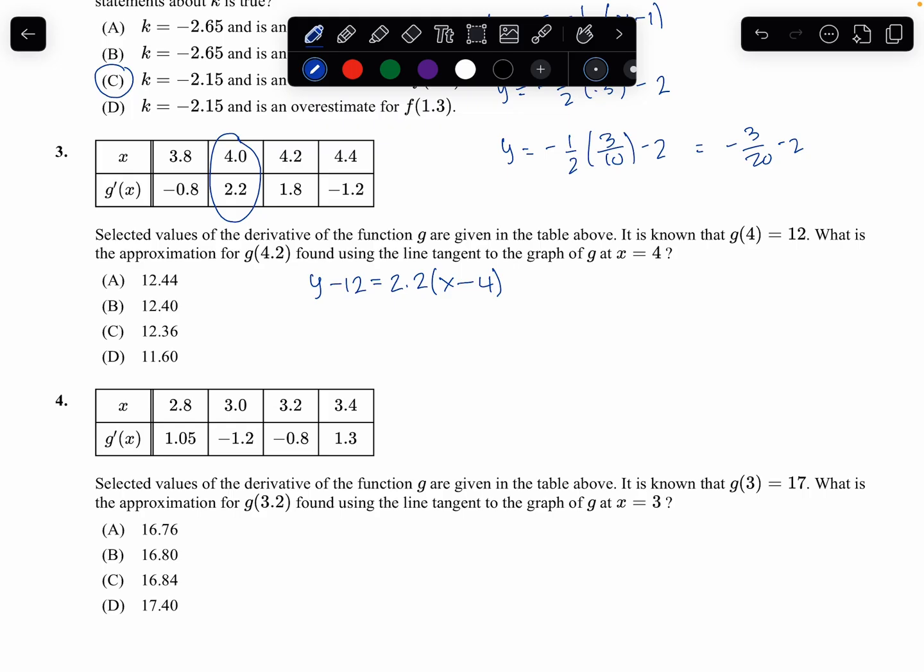Okay, and we're plugging in 4.2. So y is equal to 2.2 times 0.2 plus 12. All of these are 12 point something. 2.2 times 0.2, I can't see that in my head too clearly. That's 2.2.